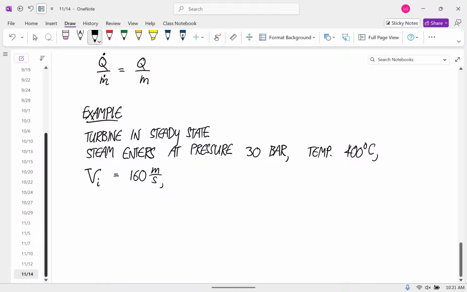And then saturated steam, or a saturated water vapor, exits at a pressure of 1.01 bar.